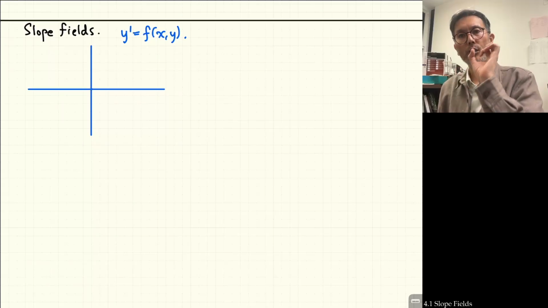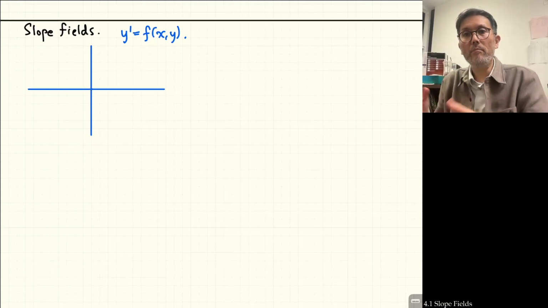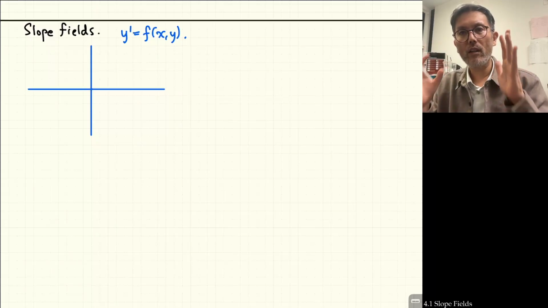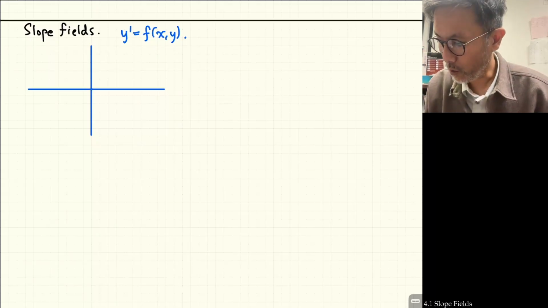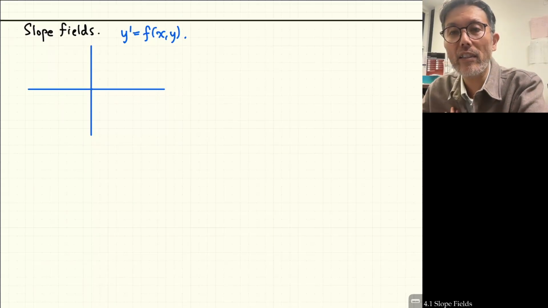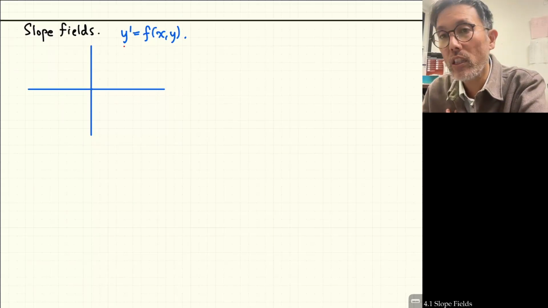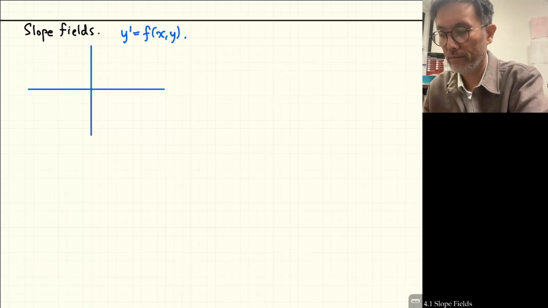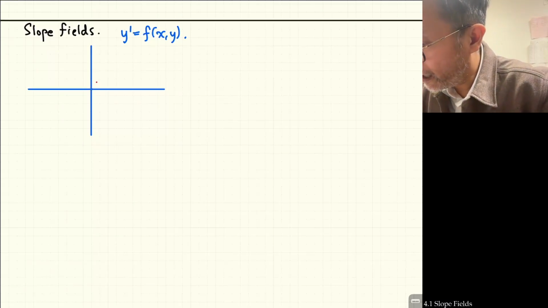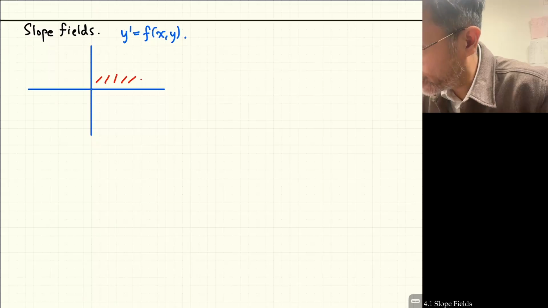And we know that the derivative, the y prime, encodes for us something about slope. So what we're going to do is draw at each point x comma y a little line segment of slope f of x y. And I'm just going to imagine that we do this at every point in this plane. I can't literally draw for every point in the plane, so I'll just draw a few of them.